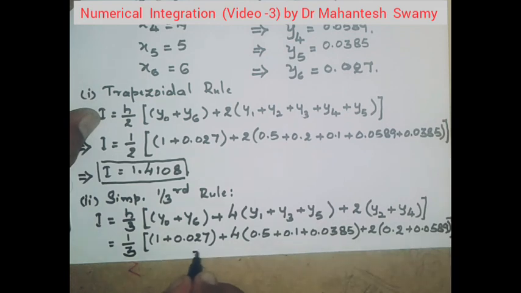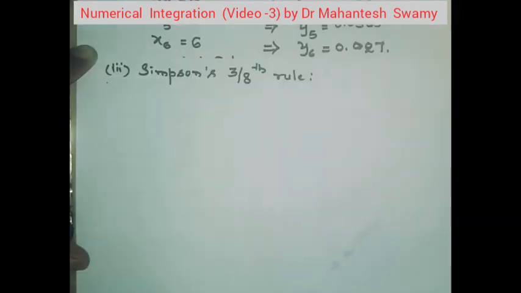So if we simplify this, the answer is going to be I equal to 1.3662. So this is the value of the same definite integral computed according to Simpson's 1/3 rule.